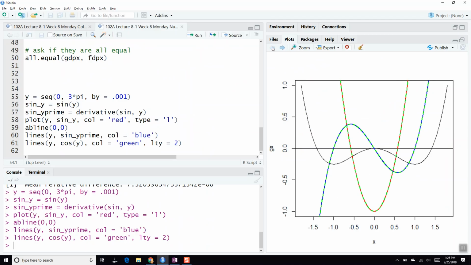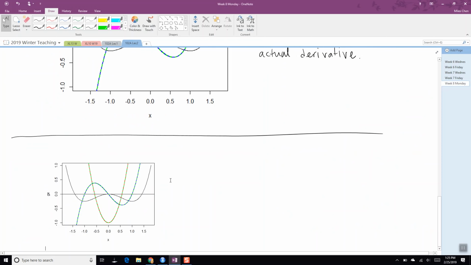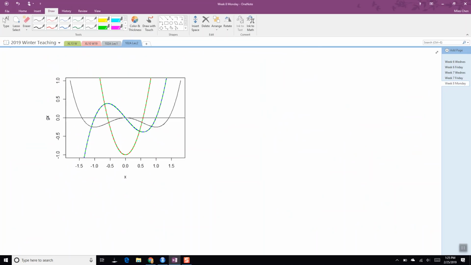For completeness, we'll throw in these additional plots.